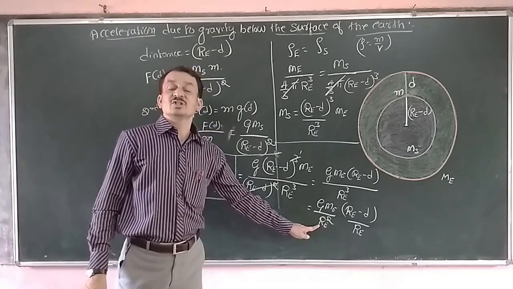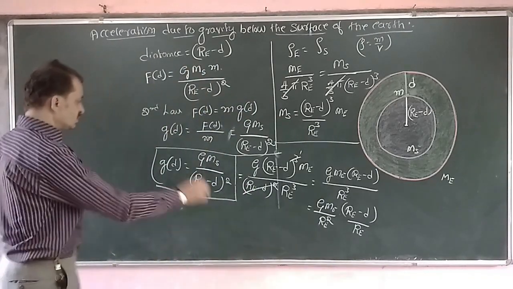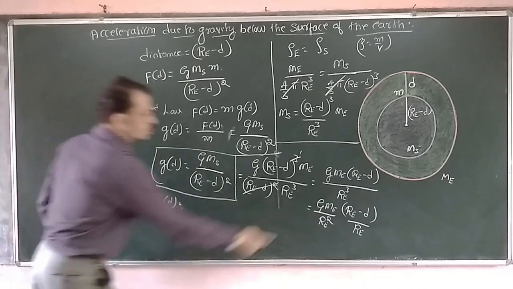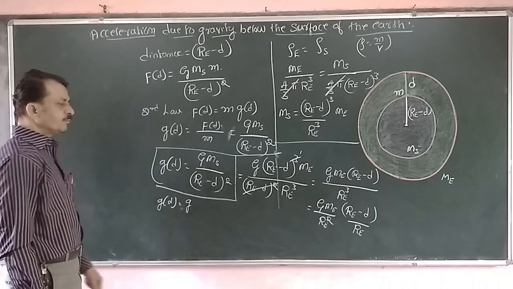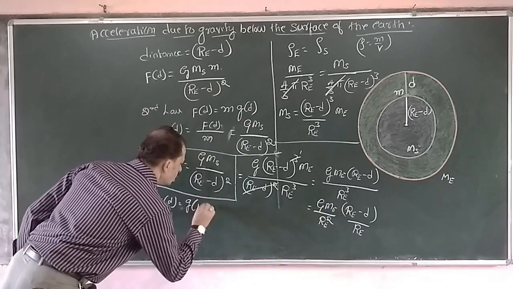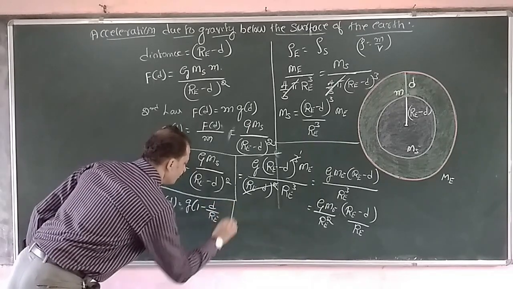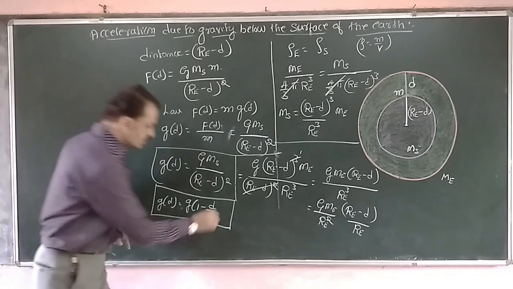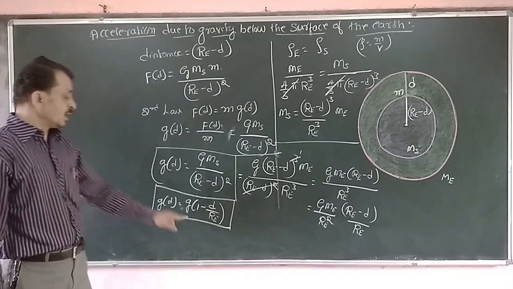Which is the acceleration due to gravity on the surface of the earth. So g of d is equal to, replacing this term by small g into, dividing that one, 1 minus d by Re. So that is the final expression for acceleration due to gravity below the surface of the earth.